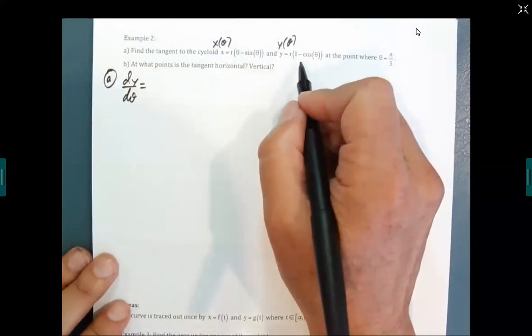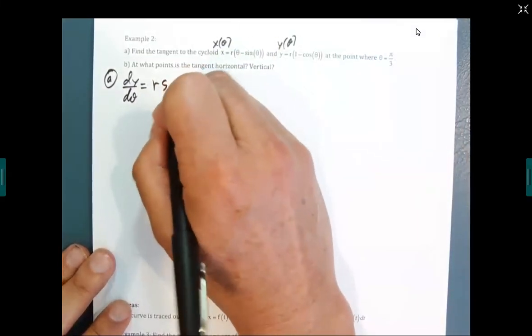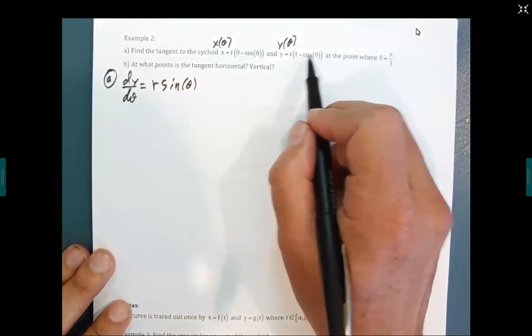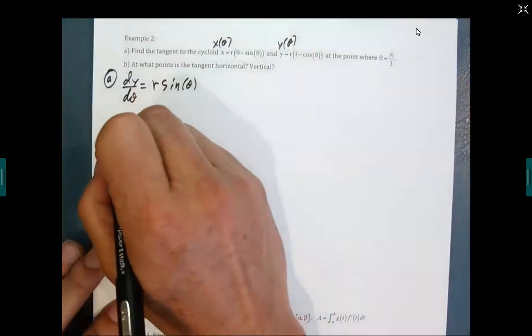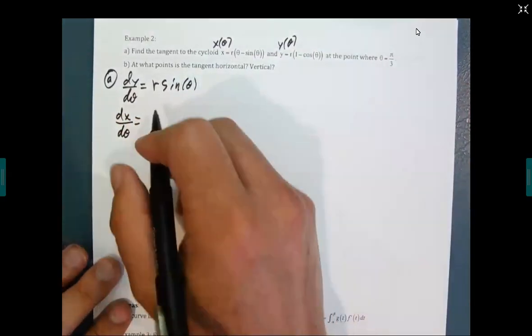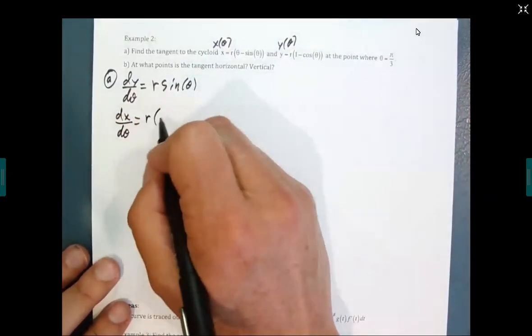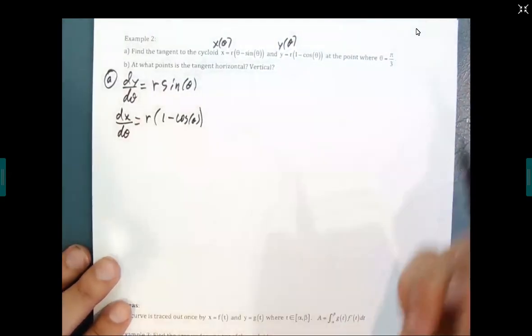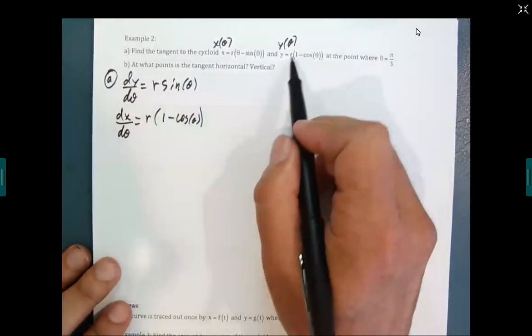So that's this one here. Dy d theta is just going to be r sine theta. Because remember, the derivative of cosine is negative sine, so negative, negative. And dx d theta is going to give us r times 1 minus cosine theta. Now I want to point out, notice that that is y.